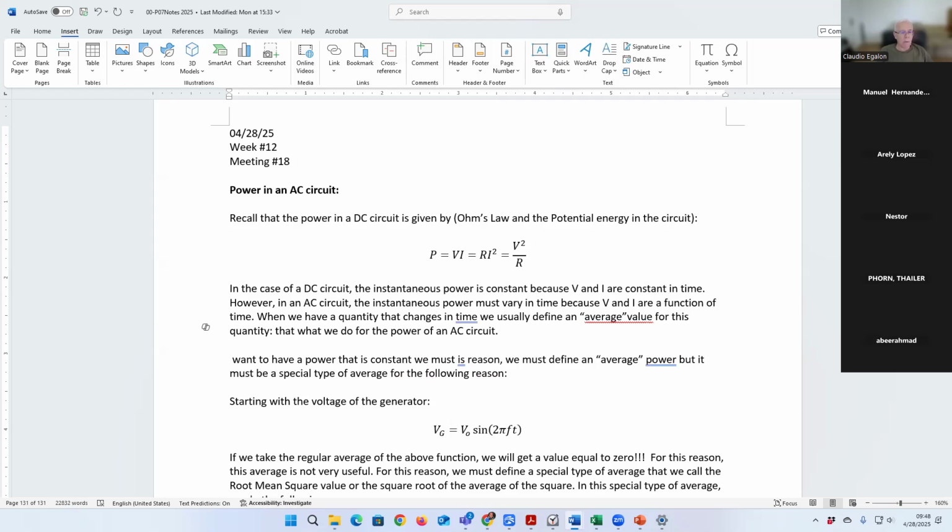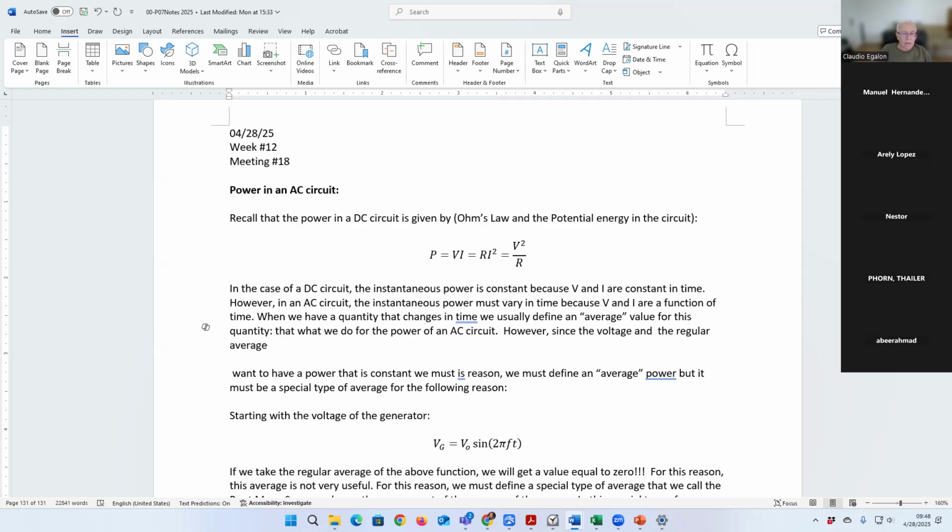Okay? There is just one problem. However, since the voltage and current are sinusoidal functions, the regular average value of a sine or cosine ends up being equal to 0.